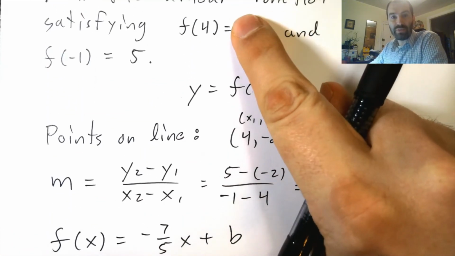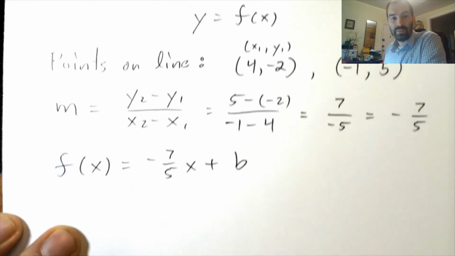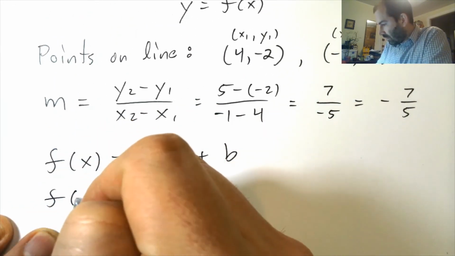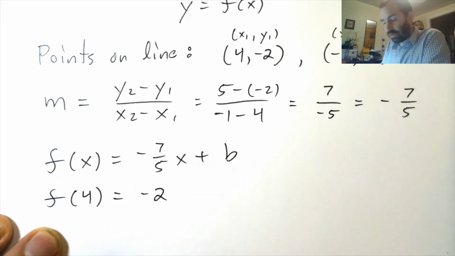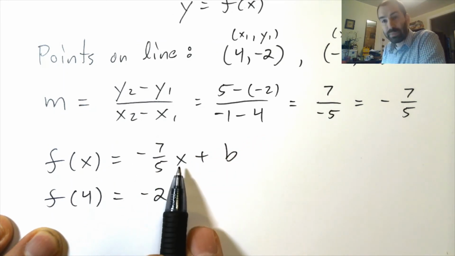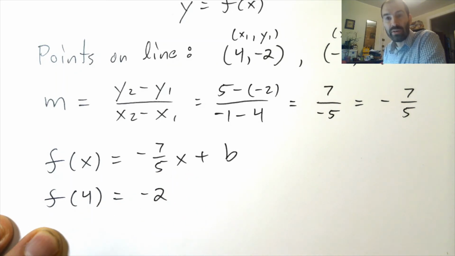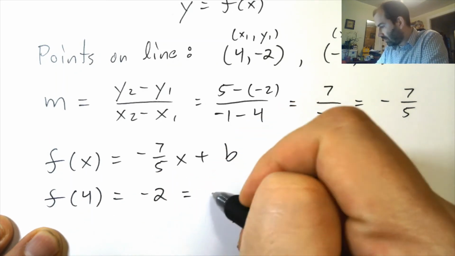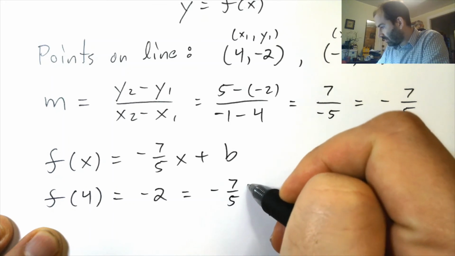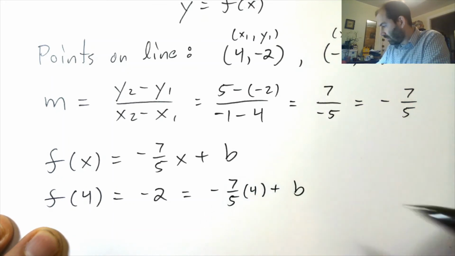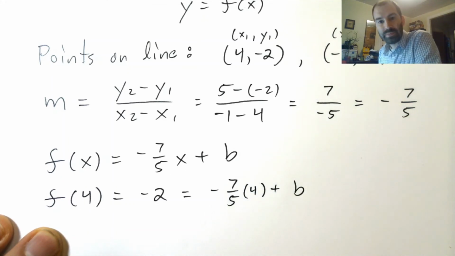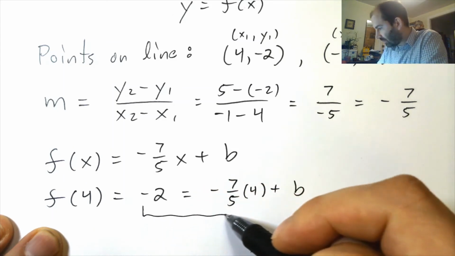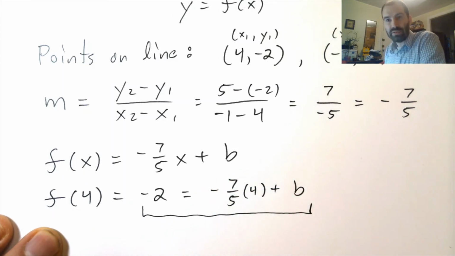But I know f of 4 is -2. But f of 4 is also what I get when I replace the x with a 4. So here's my equation that I can solve for b.